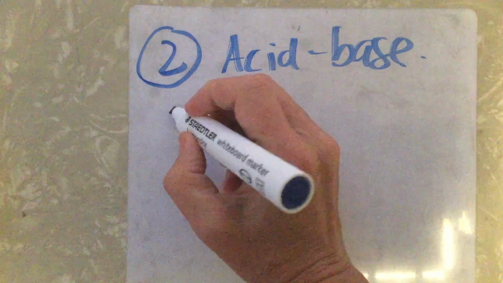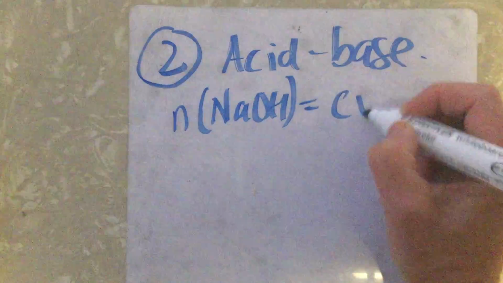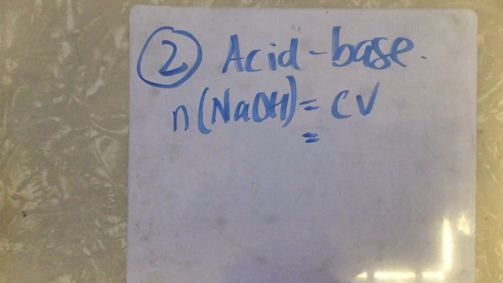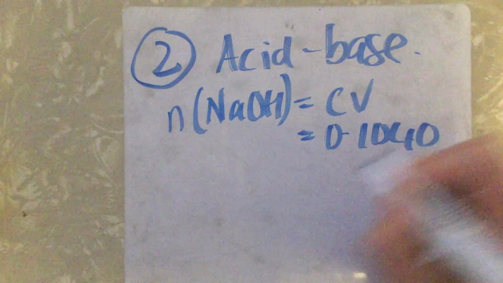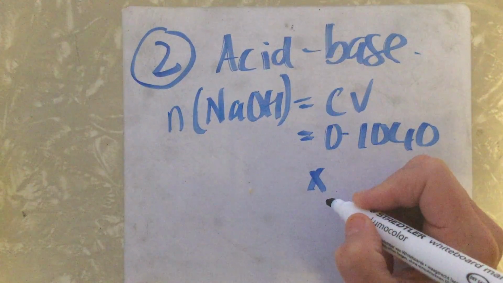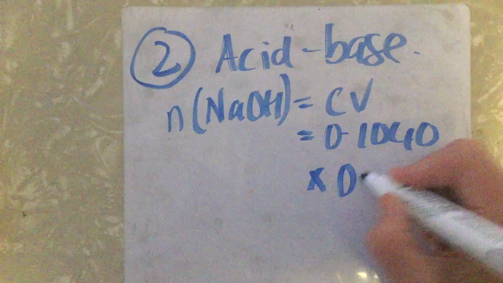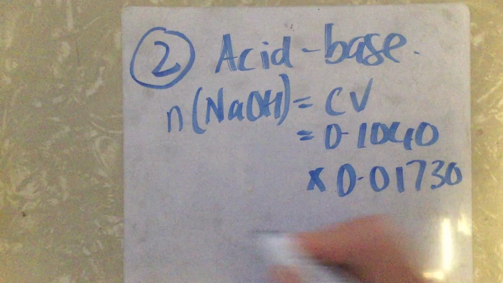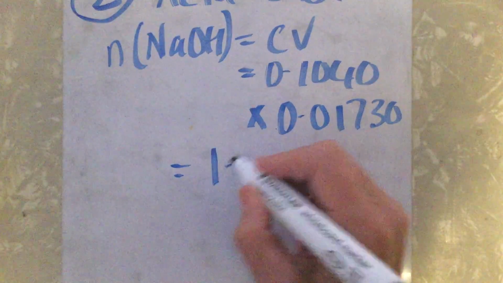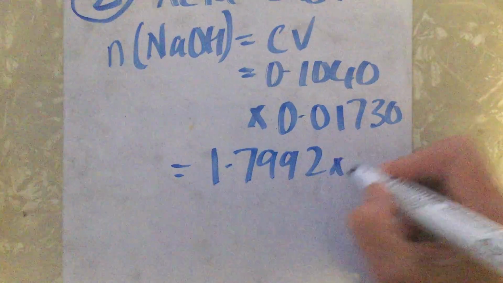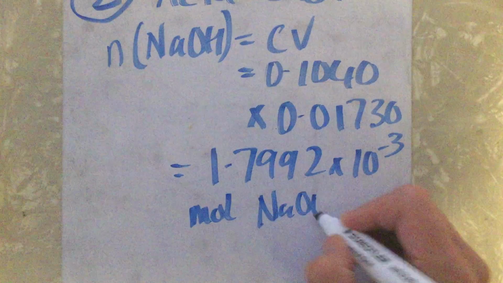We can calculate the number of moles of NaOH, right? And the concentration is 0.1040, and the volume, the average titer, is 17.30 mils, so 0.01730, and that is going to give us 1.7992 times 10 to the minus 3 moles of NaOH.